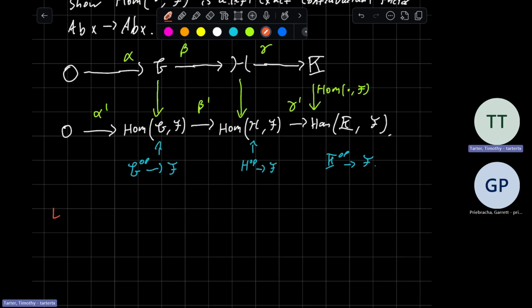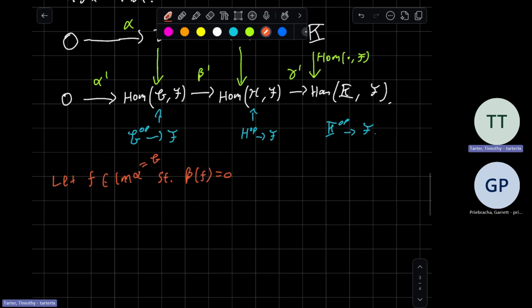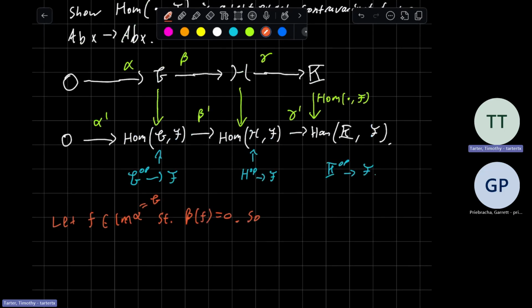And so we'll let f be in M alpha, such that beta of f is 0. It's worth noting M alpha is equal to G. So beta of f is 0, so G is exact.